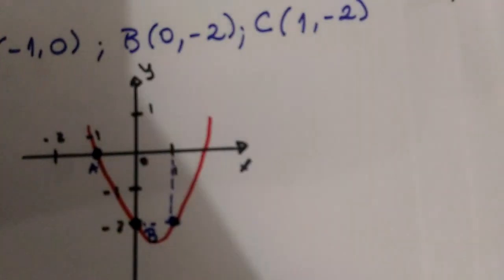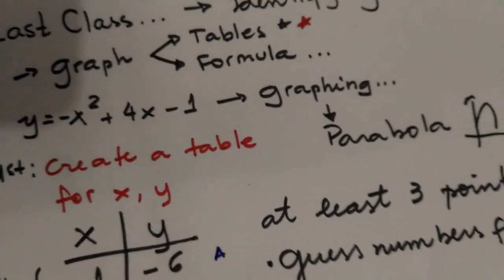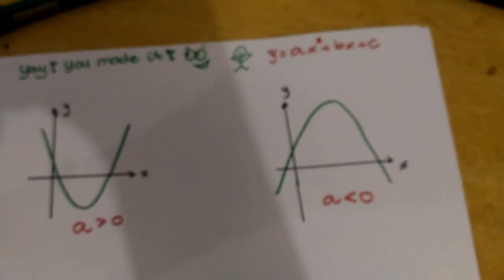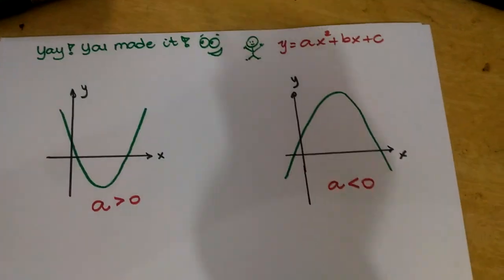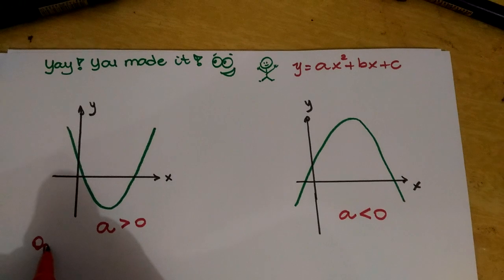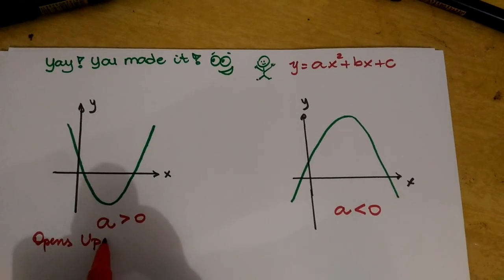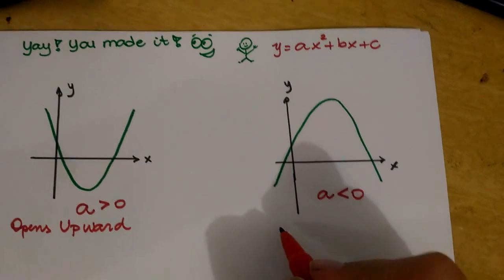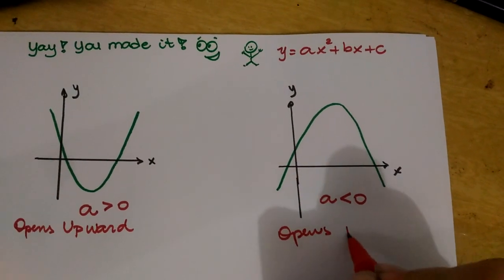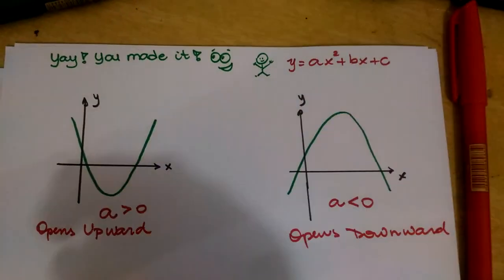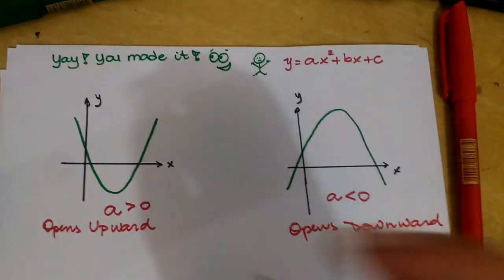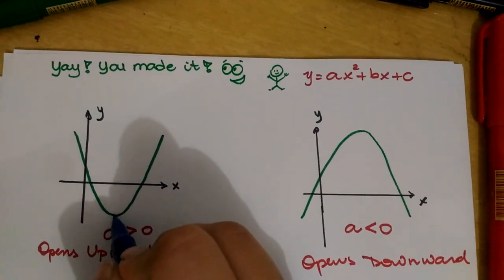So the a in the standard form equation is the constant that's going to determine whether your graph opens upward or downward. A positive graph opens upward, and a negative opens downward.